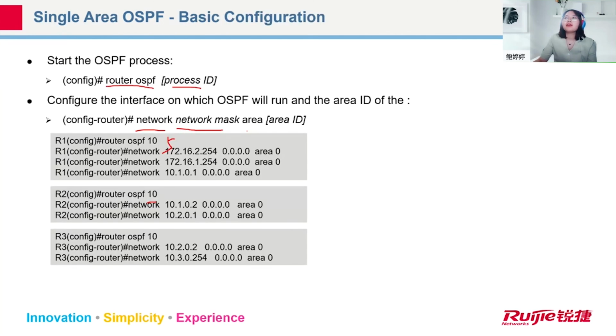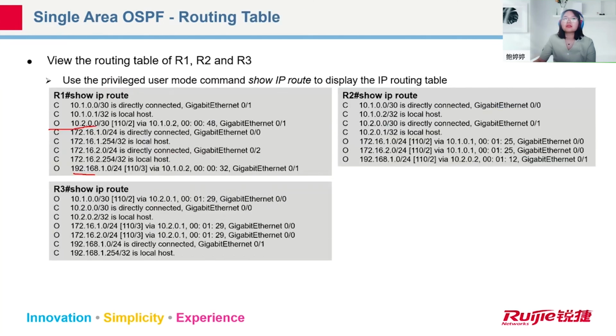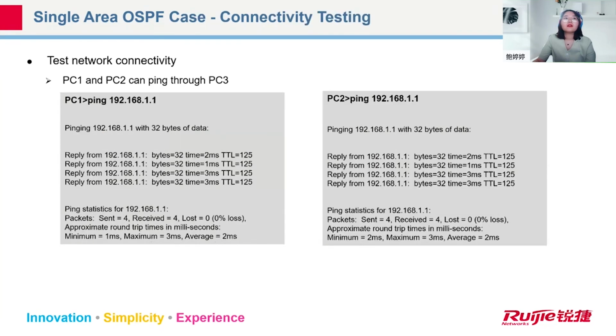So we can automatically learn the segment information except the direct routes. And on router 2, we will have 3 segments from router 1 and router 3. And on router 3, we also have the segment from router 1 and also the link between router 1 and router 2. This is a single area. And we can use the command on PC1 and PC2 to ping PC3, and we find the ping succeeds.